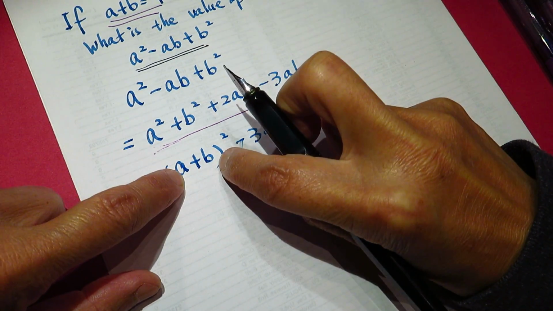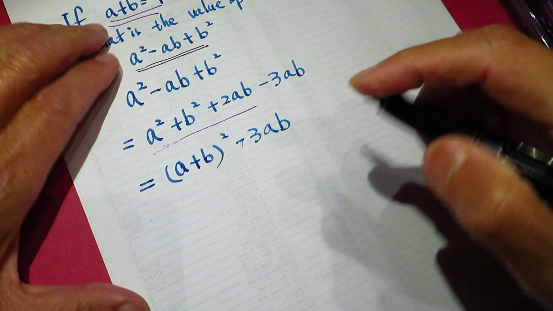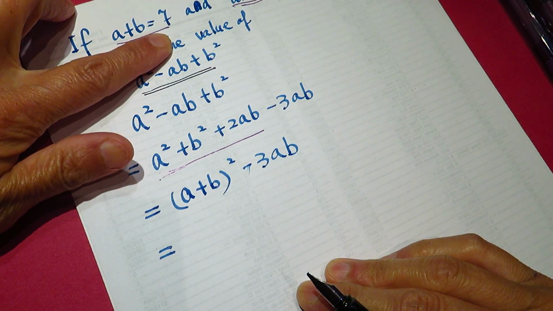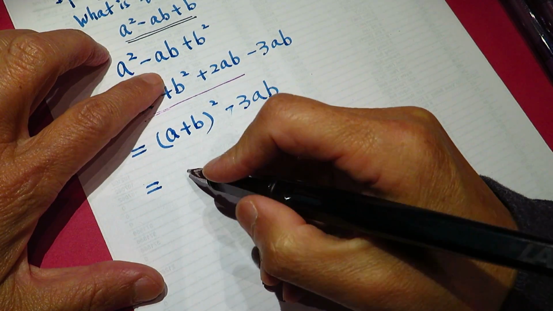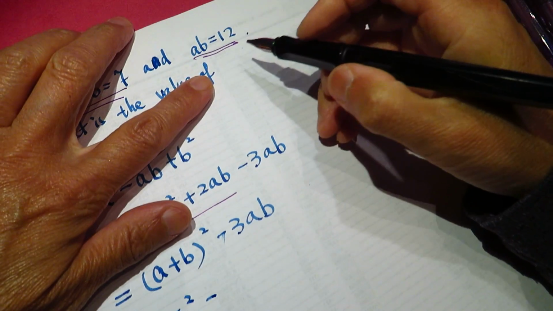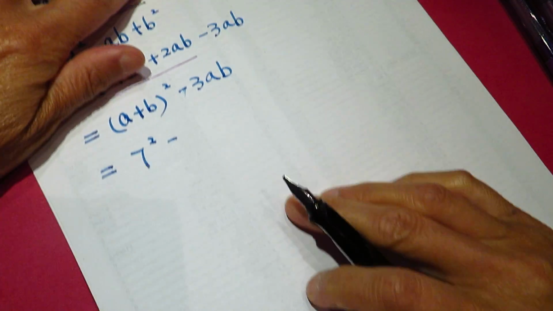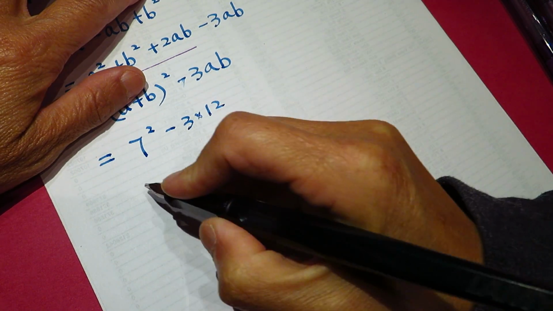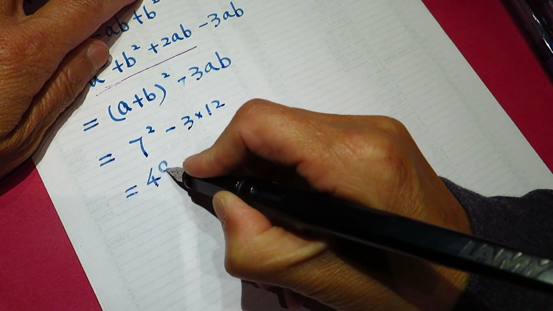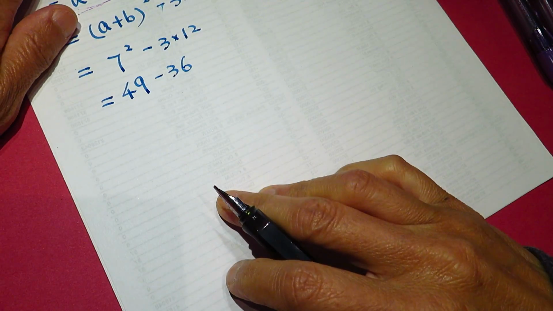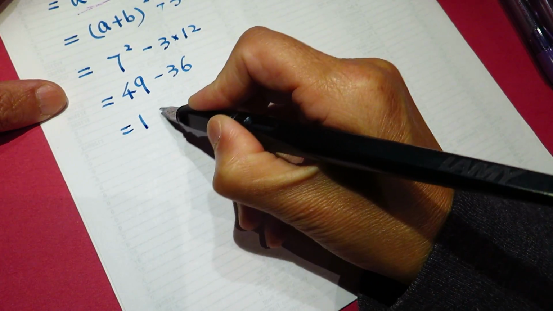This is equivalent. a plus b, we know, is 7. So 7 squared minus 3 times ab, which is 12. So 49 minus 36, so it is 13.